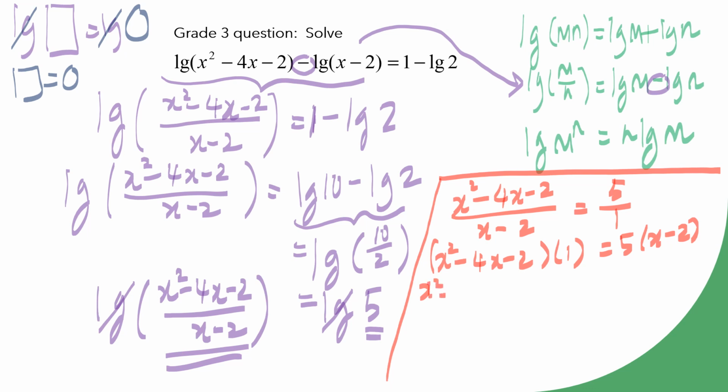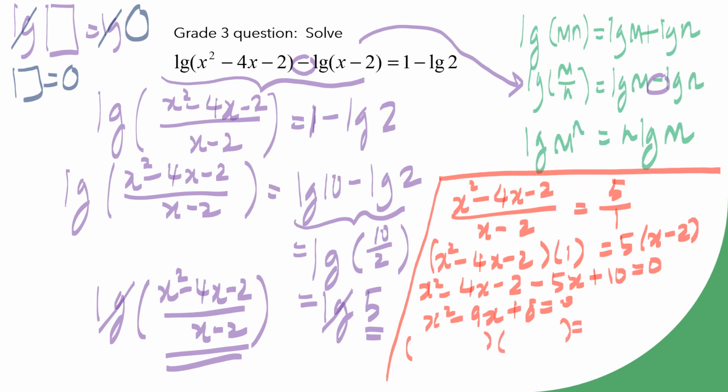Simplify everything. Negative 5x, minus 10, so it becomes plus 10. Then you'll get x squared minus 9x plus 8 equals 0. You end up getting a quadratic equation which you can factorize. So you will get x equals 8 or x equals 1.